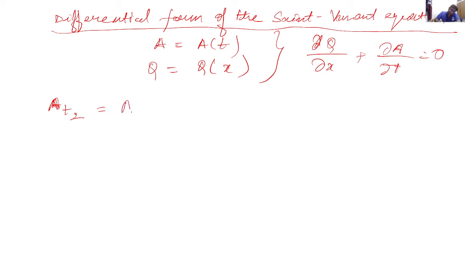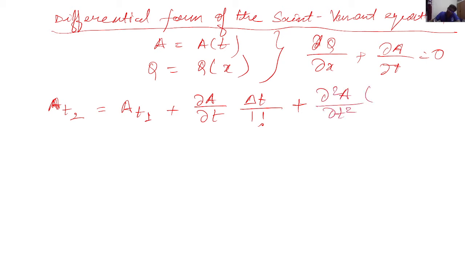So this would be A at t1 plus the first derivative del a by del t times delta t by 1 factorial, plus the second derivative del 2a by del t square times delta t square by 2 factorial, and so on, going into the higher order terms.